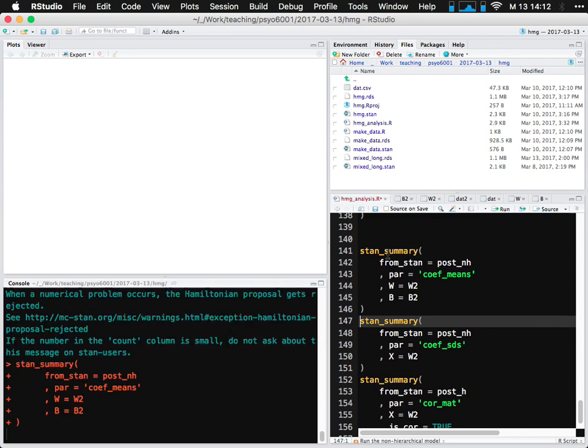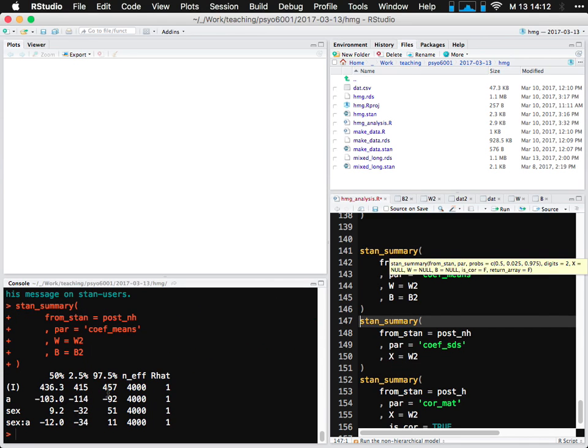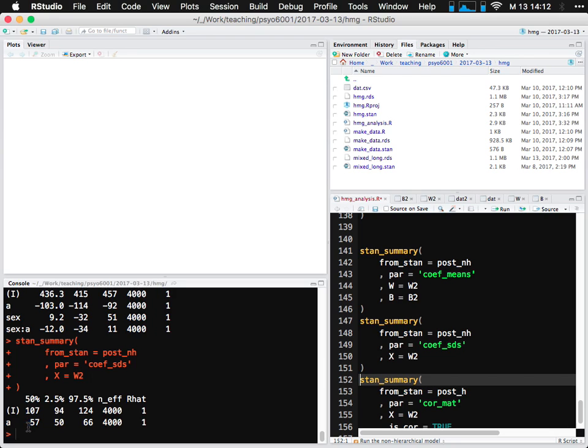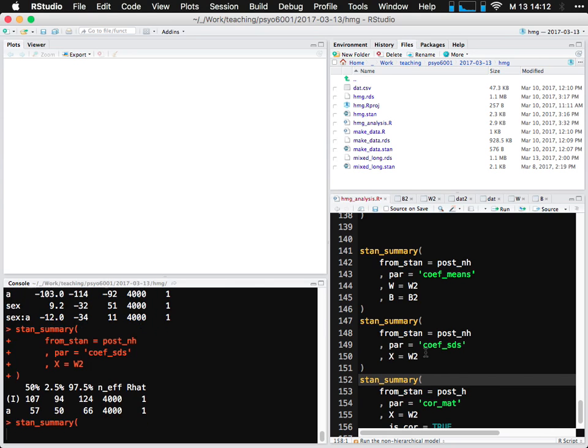So non-hierarchical runs faster, obviously, gets approximately the same sort of values for the effects. Overestimates the amount of variability in A because it frankly can't see that there's measurement error in there.